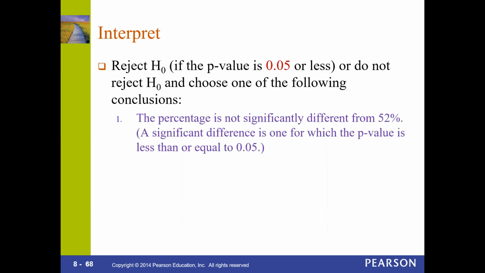So this one says reject H0 if the p-value is 0.05 or less, or do not reject if you have more than that.